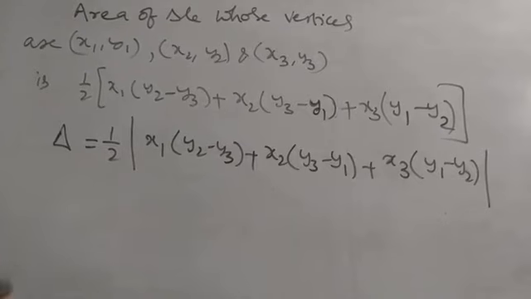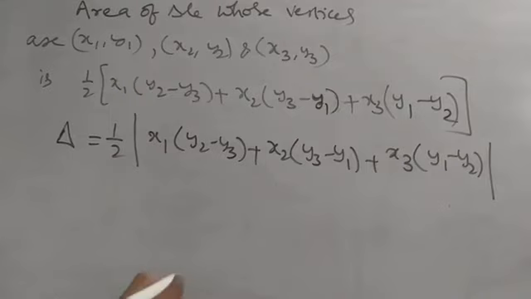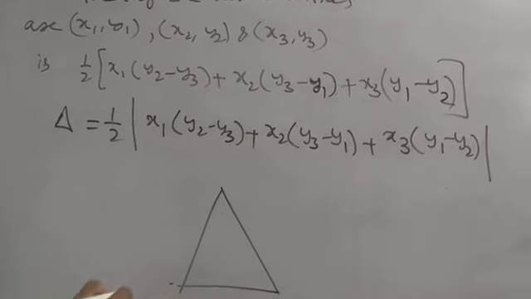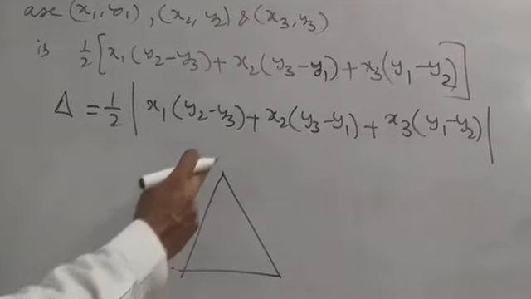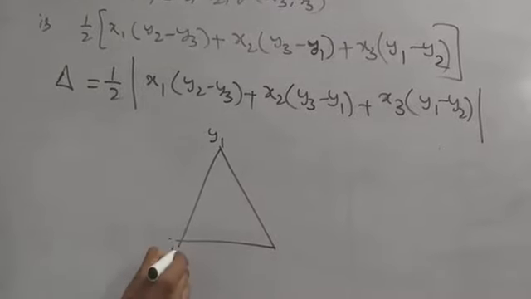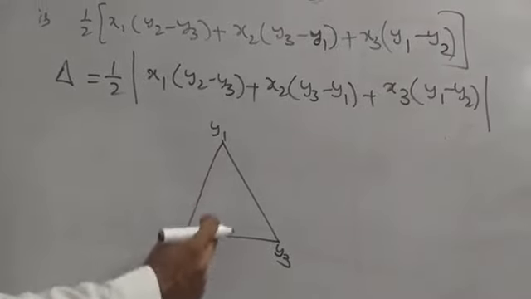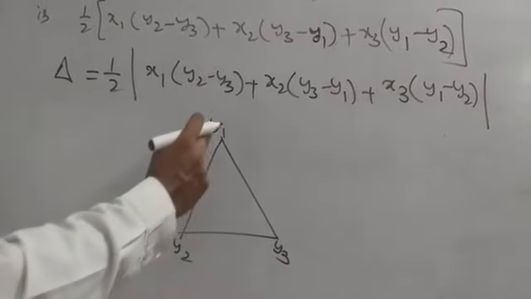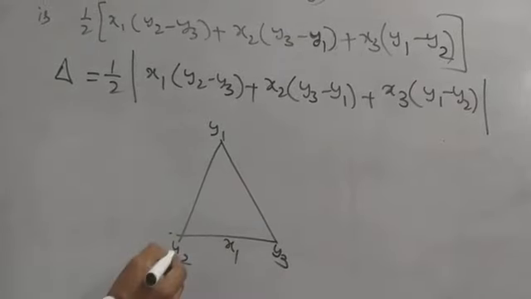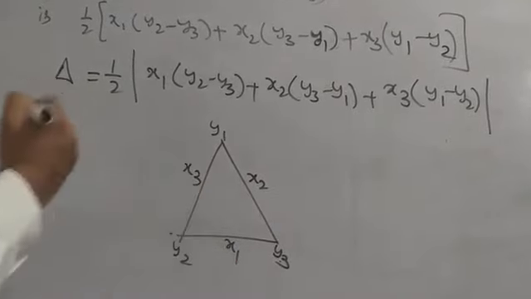Now, to remember this formula, we can use a shortcut. For example, consider a triangle. In this triangle, the vertices of the triangle are considered as y coordinates, say y1, y2 and y3. The opposite sides of these vertices consider the corresponding x coordinate. That means this is y1, opposite is x1, this is y2, opposite is x2, this is y3, opposite is x3.